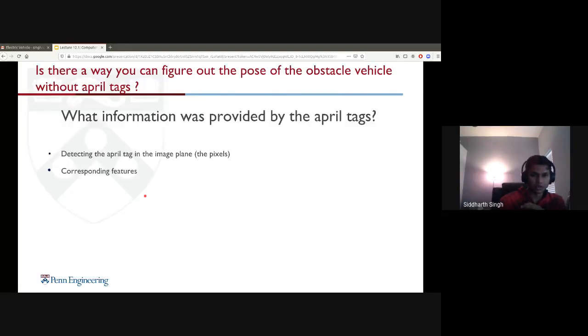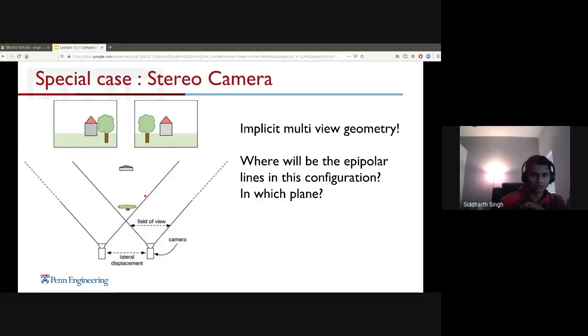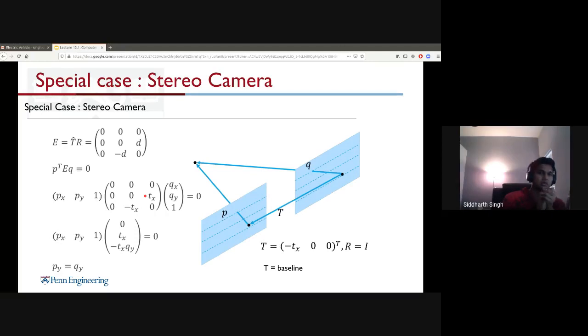So if we go back to this, how do I confirm that I know this TX, I know this E, which is in the middle, but how do I confirm that the QX QY and the PX PY are actually looking at the same point?